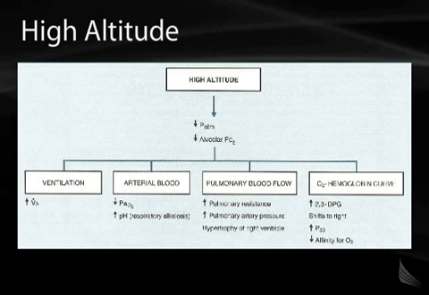For the purpose of this slide, they make the argument that it shifts to the right. But you could also make an argument that the increasing pH would shift the curve to the left. I think it's unrealistic for you to be tested on which way the oxygen hemoglobin dissociation curve would shift in the case of high altitude, because you can make an argument for it going either way.